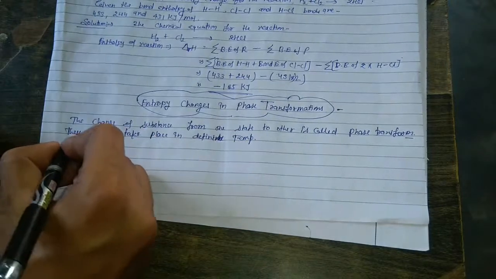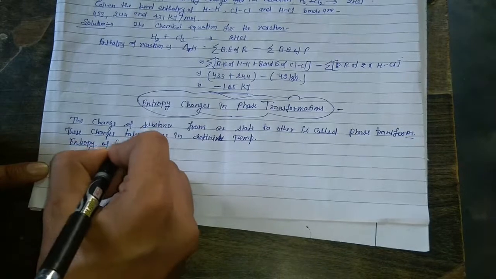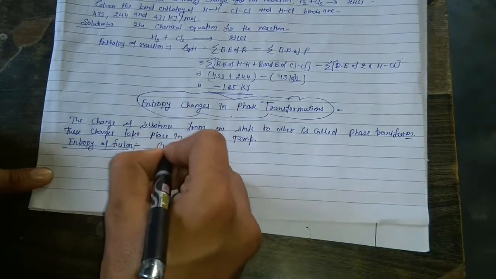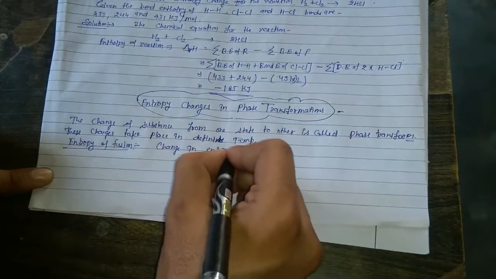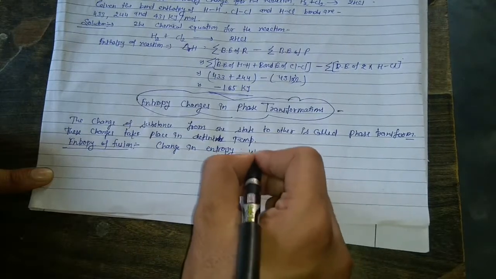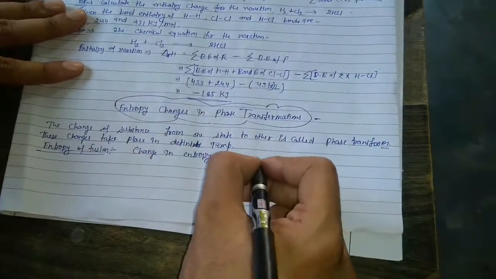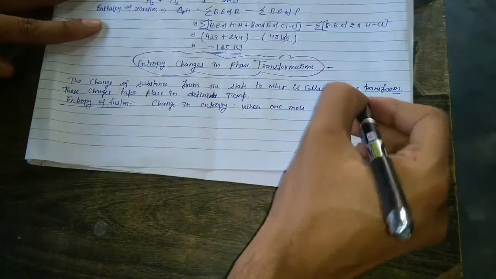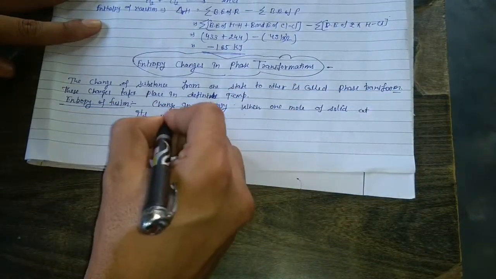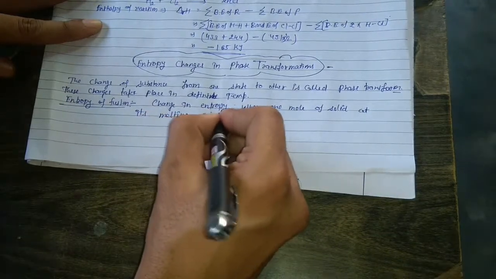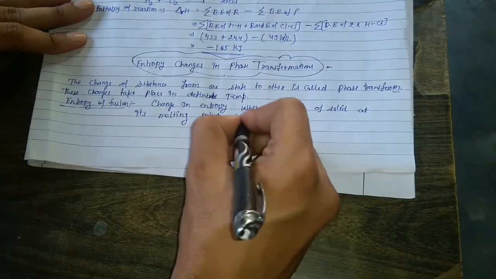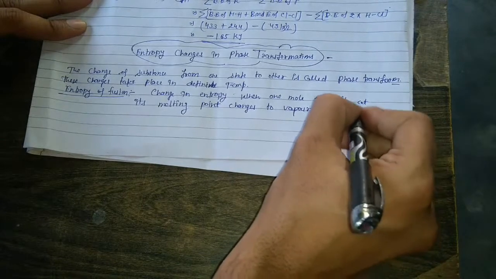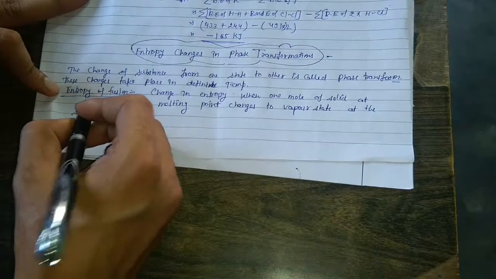So entropy of fusion: the change in entropy when 1 mole of solid at its melting point changes to the liquid state at the same temperature.